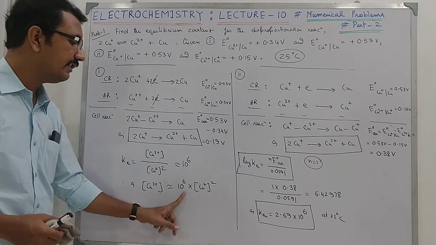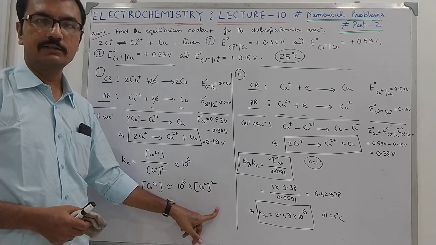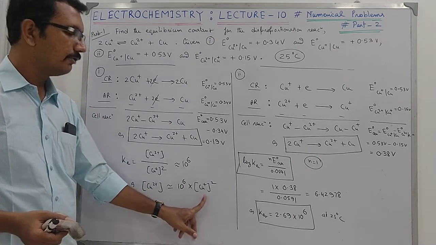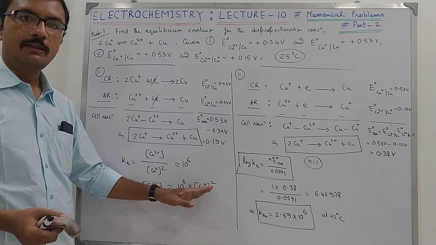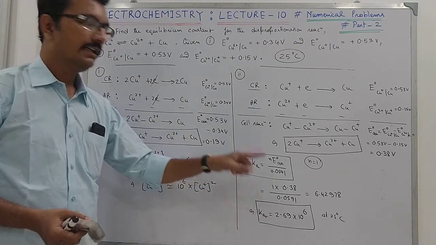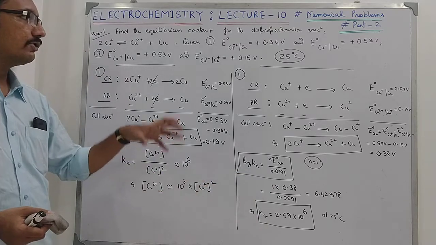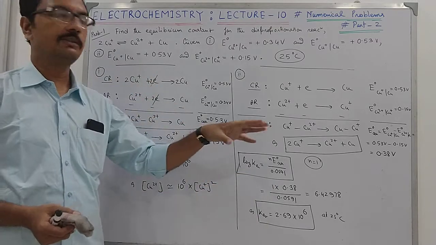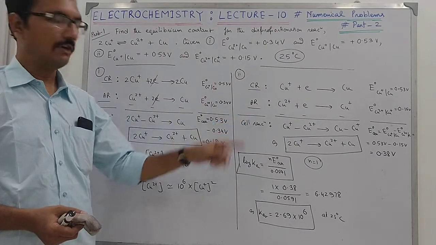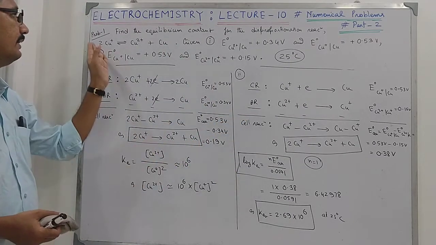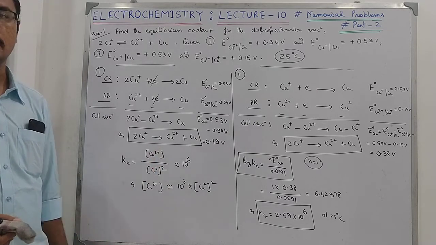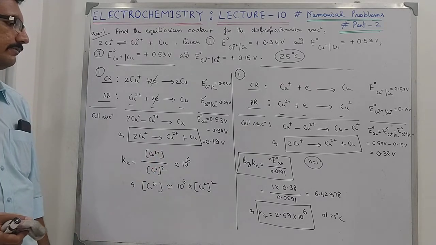So, the product is a million times greater than the square of the reactant. So, what does it imply? That the reactant has almost finished. So, this high value of the equilibrium constant guarantees the almost completion of the given disproportionation reaction. So, a high value of the equilibrium constant means the reaction has almost completed. So, this message you must carry in your mind.